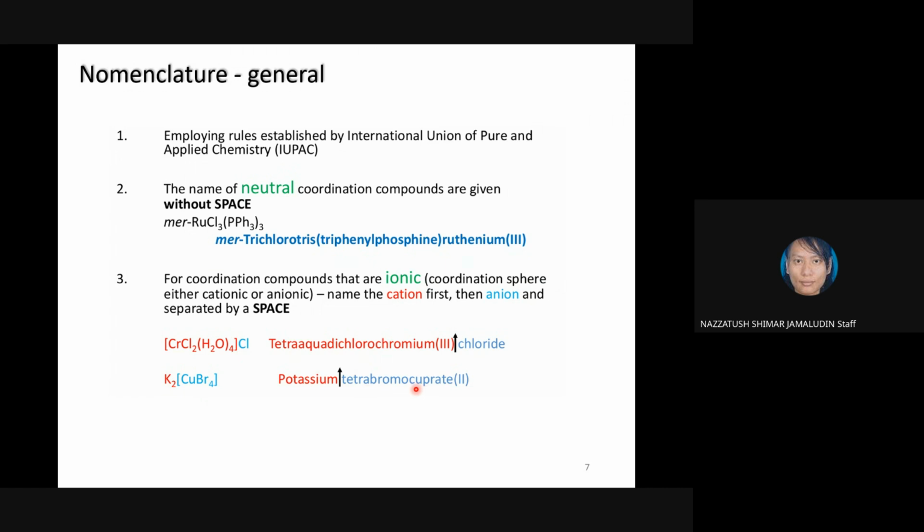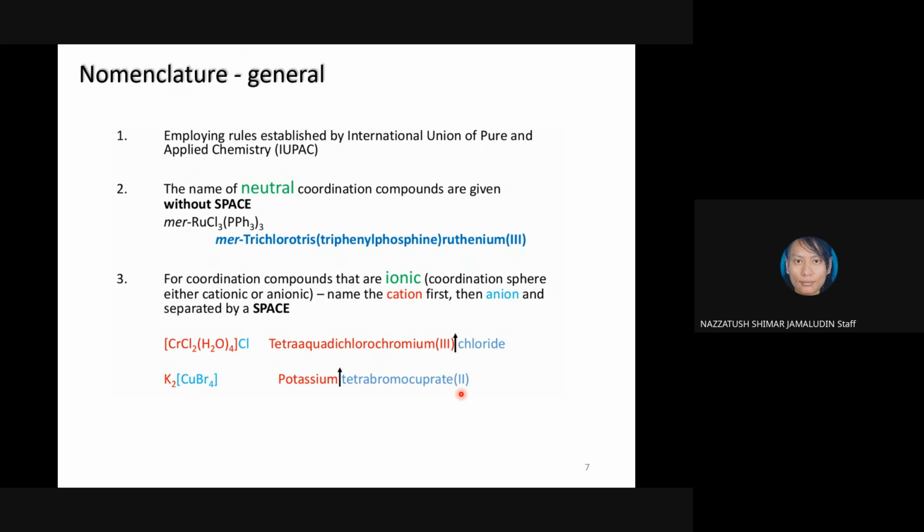Now, if the metal belongs to the cationic, the metal carries the original name. If the metal belongs to the anionic, the metal here is copper, right? We call it cuprate. We don't call it copper or cuprum. When you see cuprate, you know that this part is anionic and followed by the oxidation state.